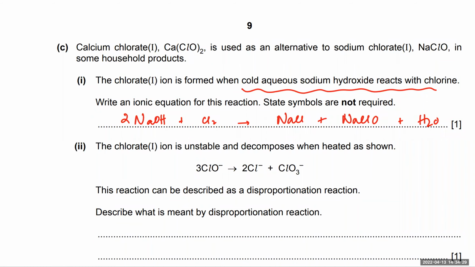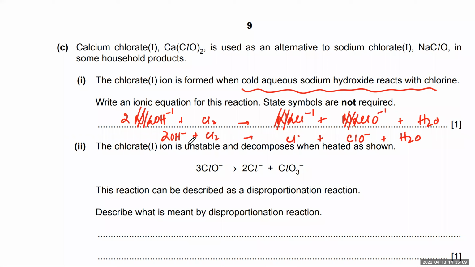Now the only spectator in this whole equation is sodium ions, because they were the same before and they're still the same after. So all you have to do is get rid of the sodium ions. OH over here is -1, ClO is -1, Cl is -1. So it's basically 2OH -1 plus Cl2, and it forms Cl -1 plus ClO -1 plus H2O. So that's your ionic equation.